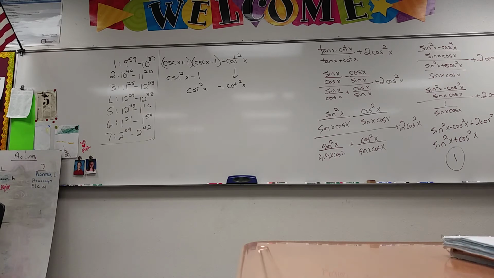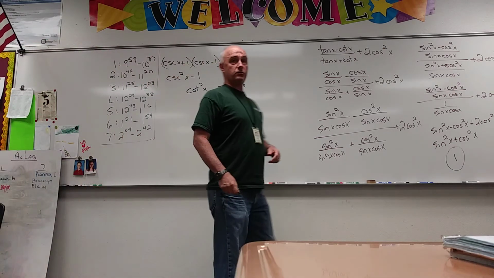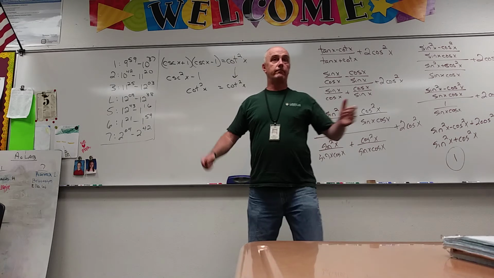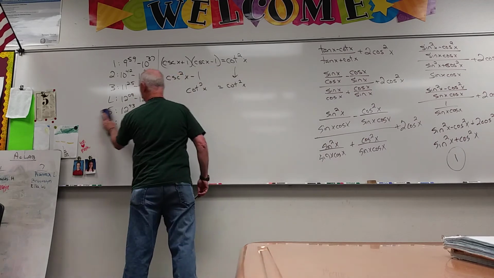In algebra 2, they don't get into that much. I think they have to know what the sine of 30 degrees is. Couple of other little things. All right, any others? Okay, ready to move on? Away we go. Don't sleep on me.